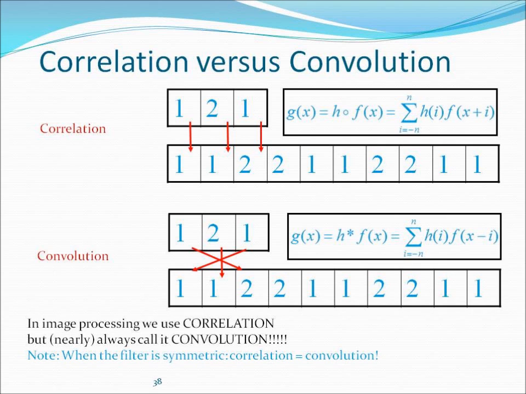This property of correlation is often used in the identification of an object in an image. In image processing, we use correlation, but always call it convolution. If the filter used is symmetric, then correlation is equal to convolution.